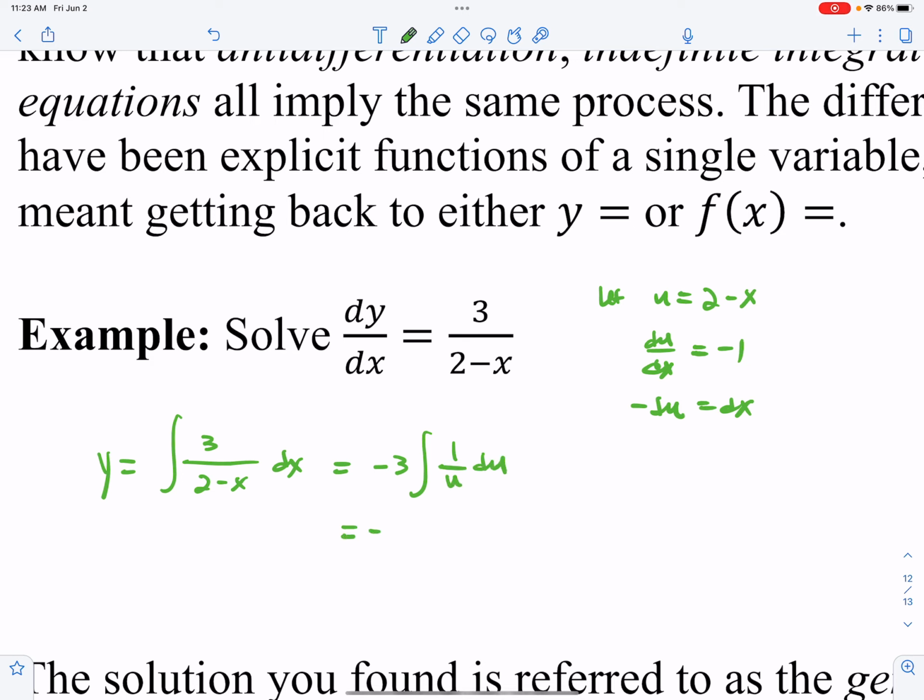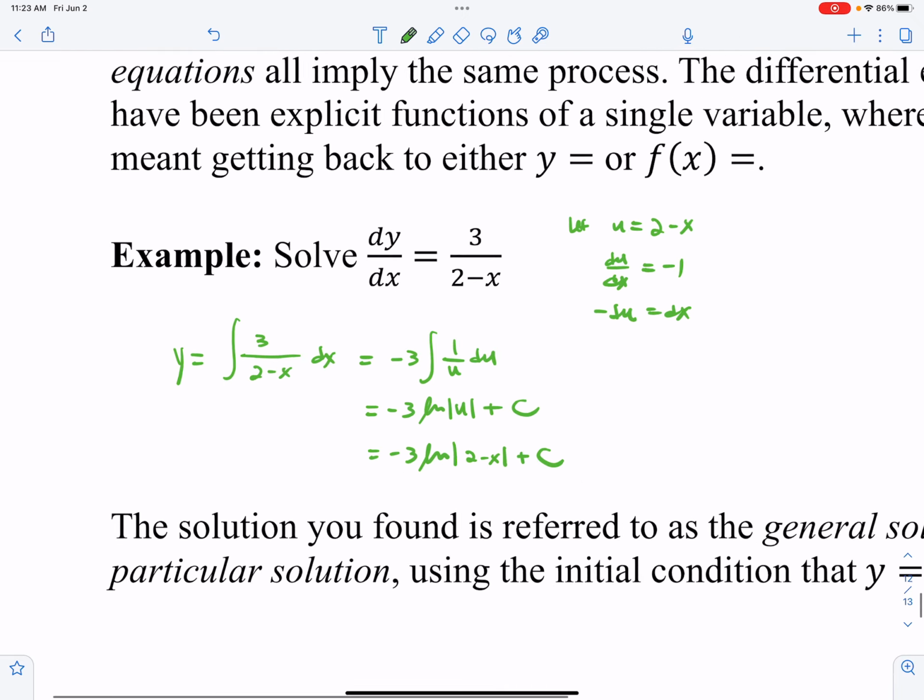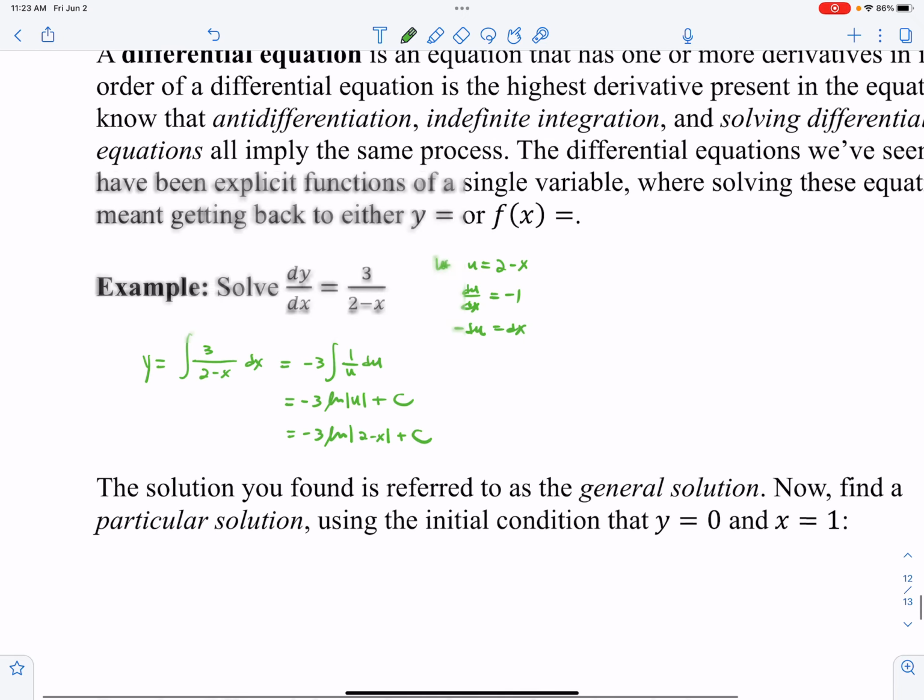And then when we integrate 1 over u, that would be negative 3 times natural log of absolute value of u plus c. And finish substituting what we let u equal back in. There we are. That would be our general solution of that differential equation. That would be our y equals.